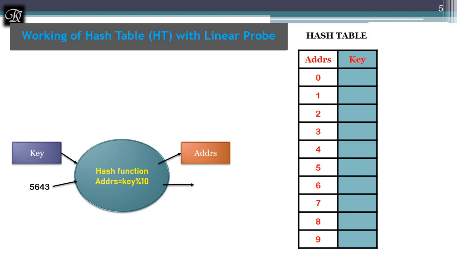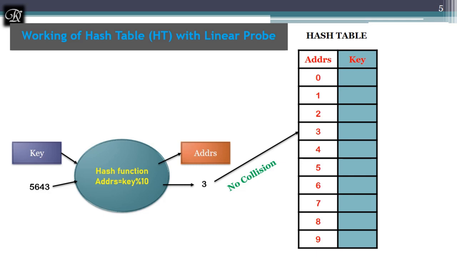The hash function generates, at present, a 1-digit address. If you take the modulus of the given number with 10, it gives you the last digit, that is 3. Let's check address 3 in the hash table, whether it is already occupied or not. It is not occupied, so there is no collision.